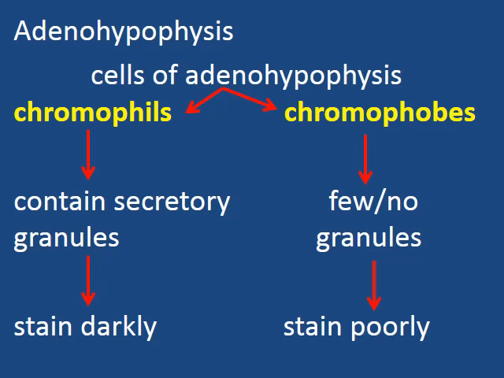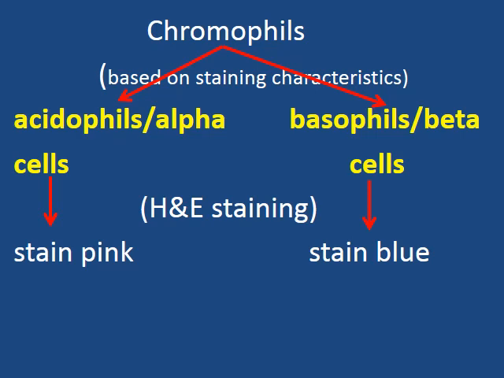Coming to the cells of adenohypophysis, adenohypophysis consists of two types of cells, that is the chromophils and chromophobes. Chromophils contain secretory granules and stain darkly, whereas chromophobe cells contain few or no granules and stain poorly. Chromophils consist of two types of cells, that is acidophils or alpha cells, and basophils or beta cells.